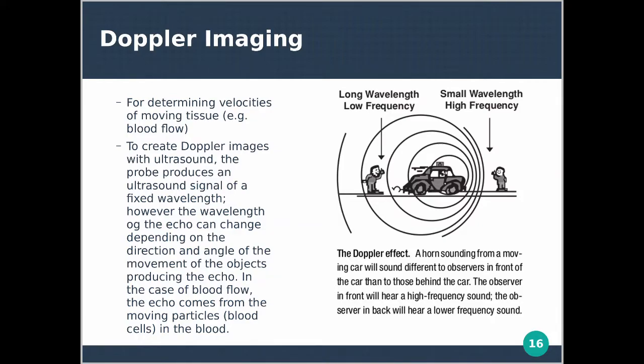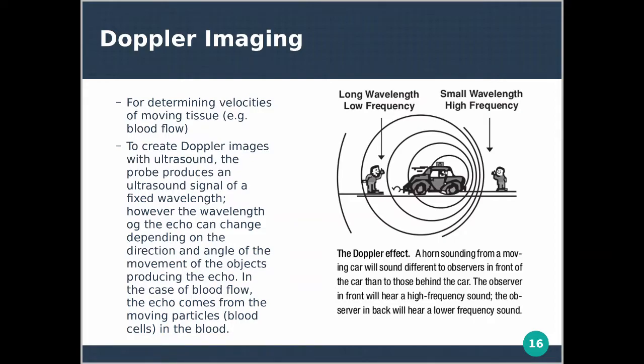It becomes high pitch when it moves towards you, and then if it moves away from you, it becomes lower pitch. So that is the change in the pitch or frequency of the sound waves of a moving object. From judging the changes in the frequencies, you can determine the movements, the velocities of objects.